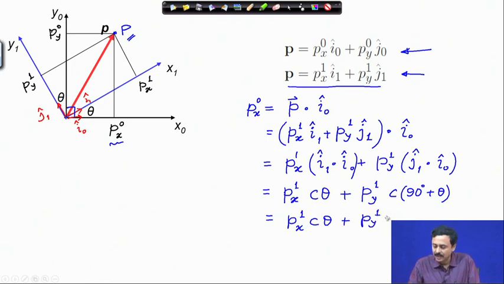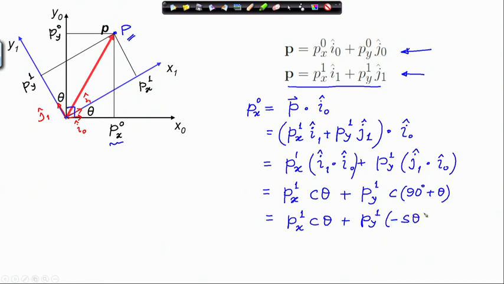Cosine of 90 plus theta is nothing but minus sine theta. Therefore, this becomes Px1 cosine theta minus Py1 sine theta. So, this is Px0 in terms of Px1 and Py1. We have obtained one relation between Px0, Px1, Py1 in terms of the rotation of the frames theta.